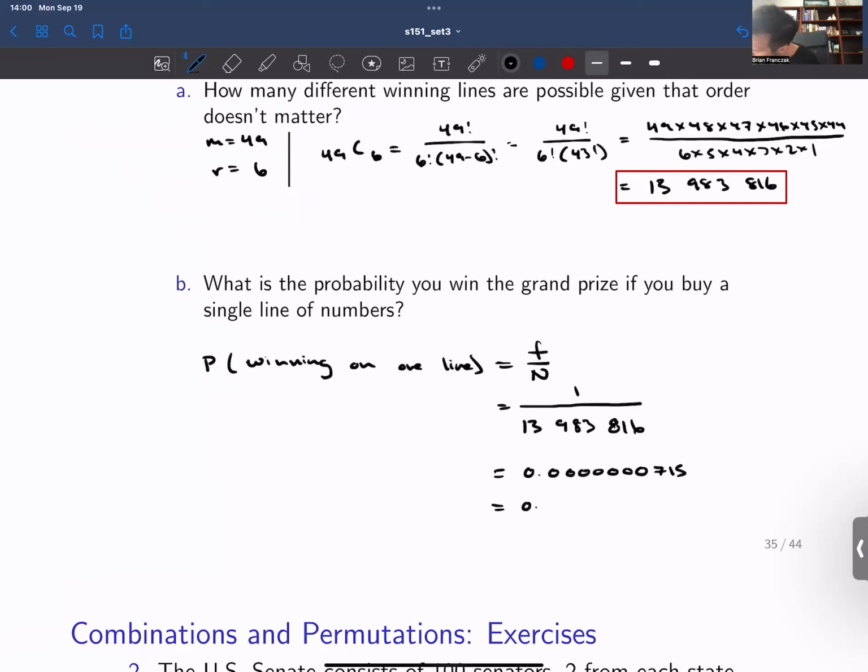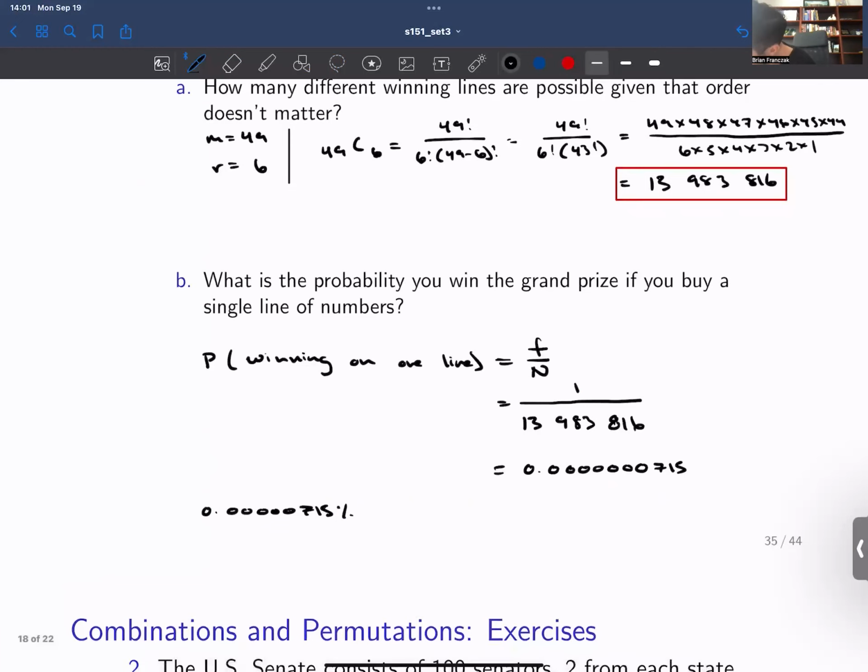So this is 0.00000000715%, so that means rather a 0.00000000715% chance of winning on one line. Wow. Okay.